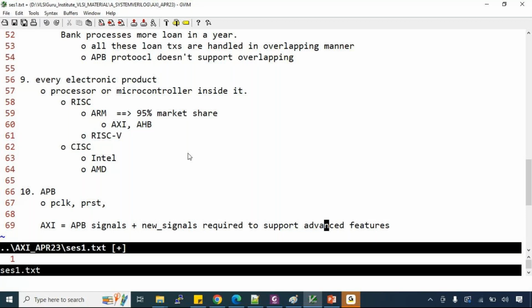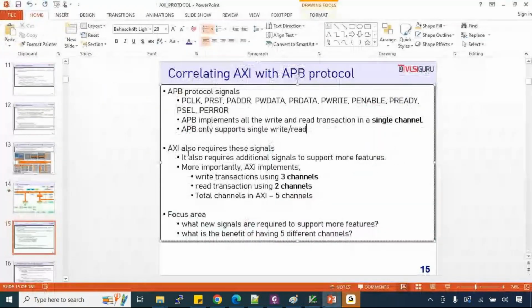So what is the foundation for learning AXI always? APB. So you should always be good with APB before you learn the AXI protocol. So AXI also requires all these signals. It also requires additional signals to support more features.